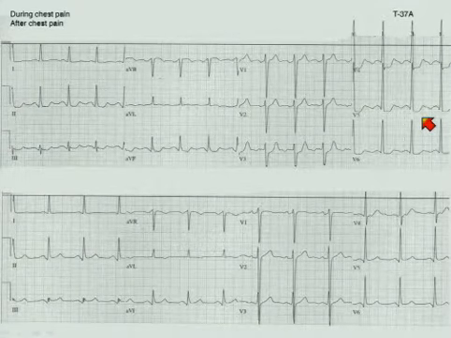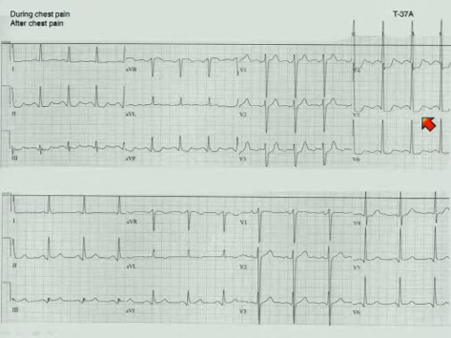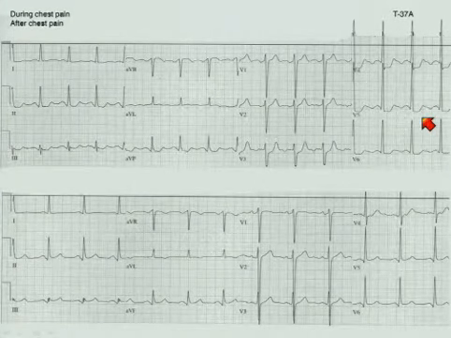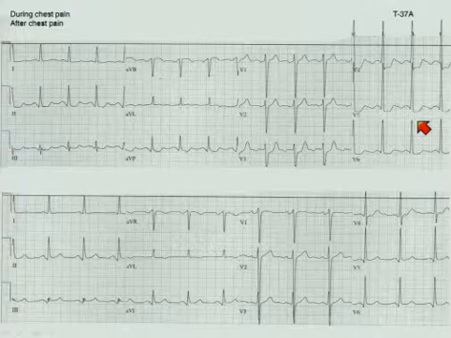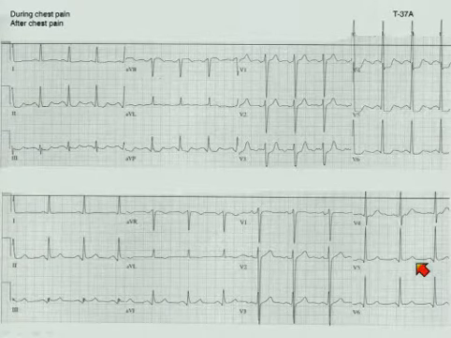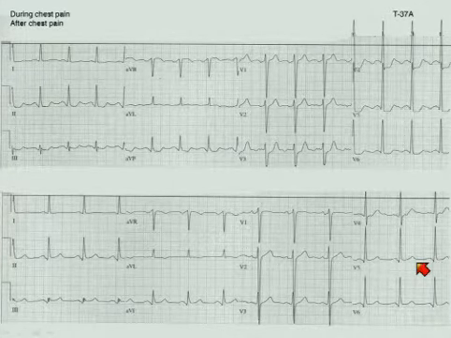Persistent negative U waves can occur with hypertension and LVH, but for them to be transient like this certainly gives rise to ischemia, and in this case as well was a left anterior descending lesion. And you can see after the pain, those negative U waves went away, so it's not LVH, it's not some persistent change.